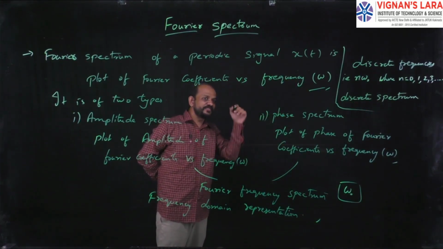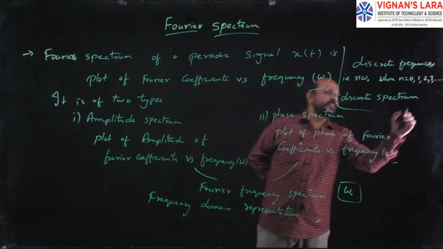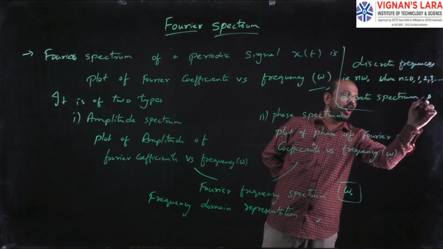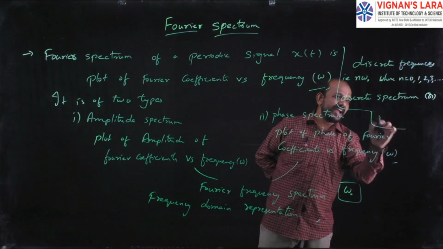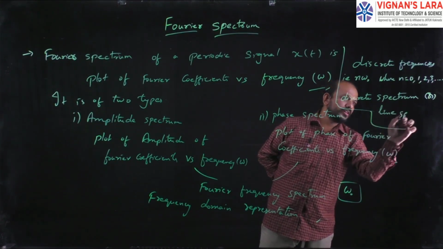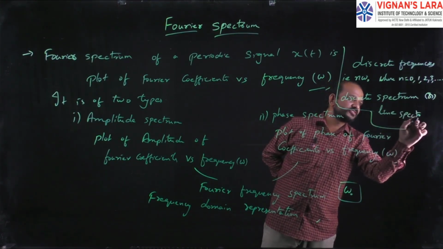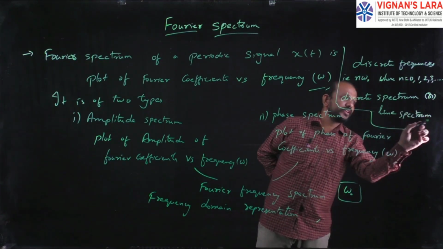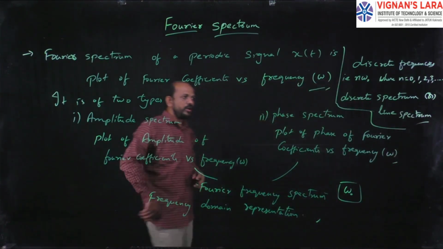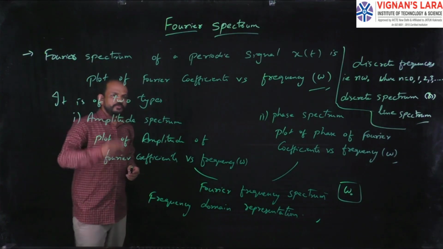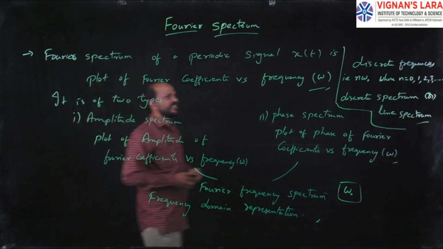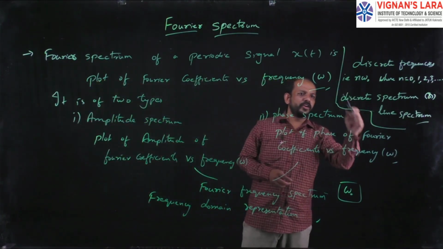Hence, this type of spectrum is called a discrete spectrum or line spectrum. So this Fourier spectrum exists only at discrete frequencies like n omega naught, where n equals 0, 1, 2.